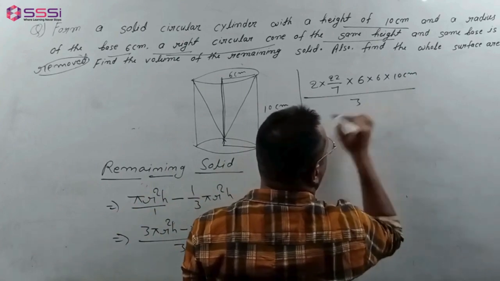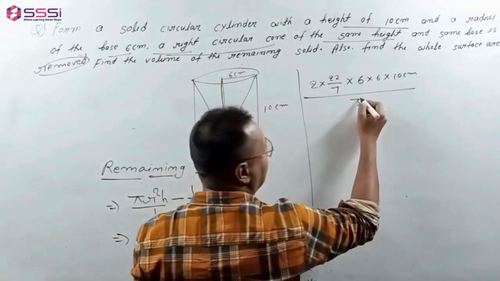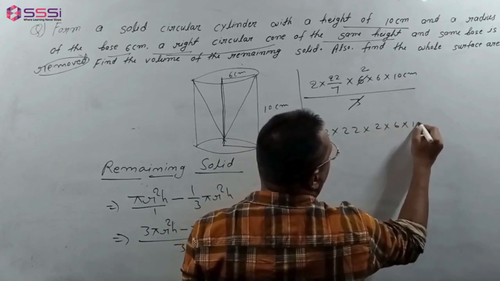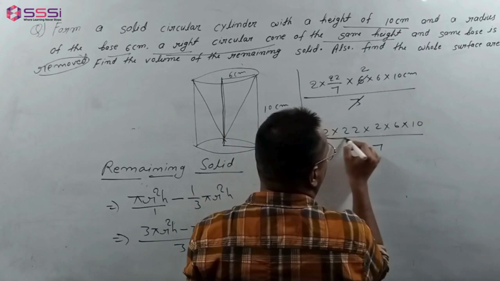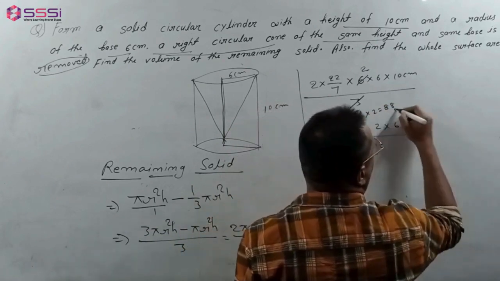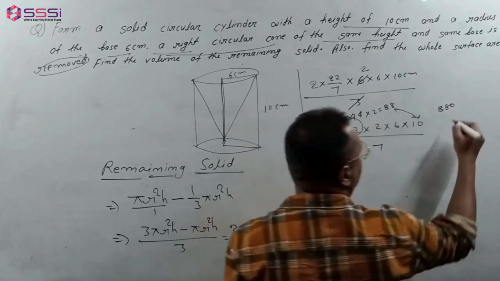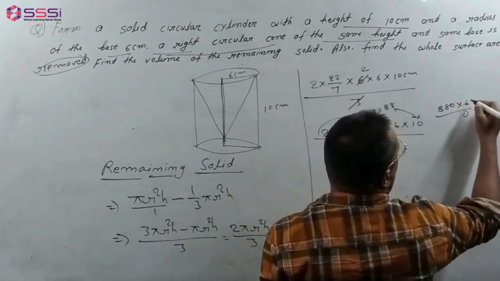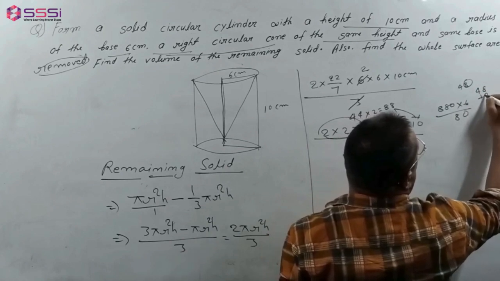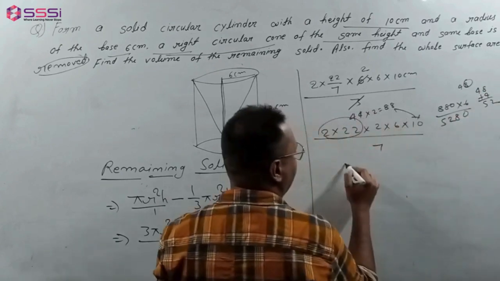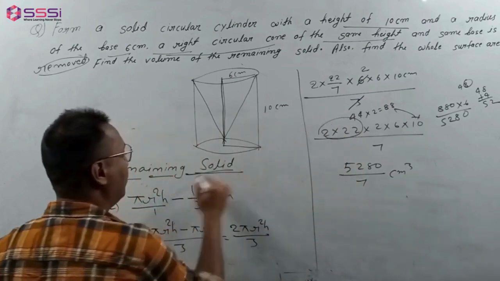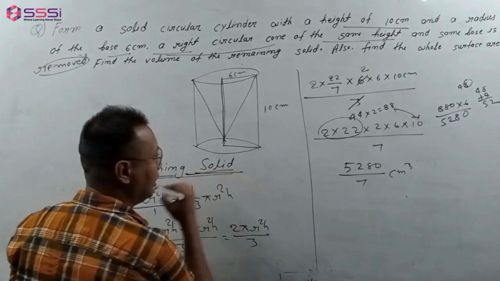Divide by 3 and solve that. 3 2 ja 6, 2 into 2 into 2 into 6 into 10, divide by 7. 22 into 2 equal to 44 and into 2 equal to 88, into 10 equal to 880. 880 multiply by 6 gives 5280. 5280 divide by 7. This is our volume of remaining solid.